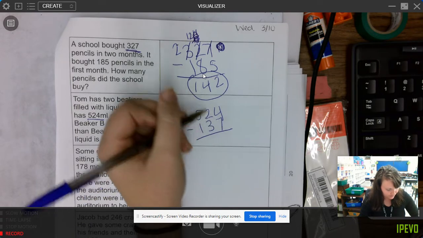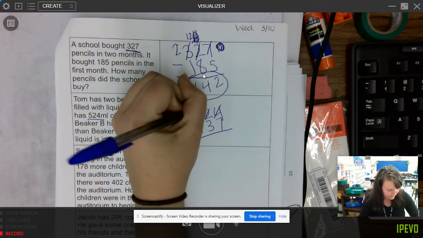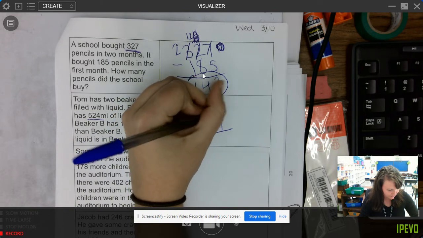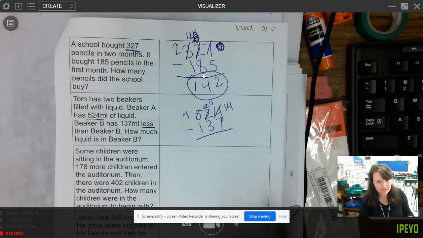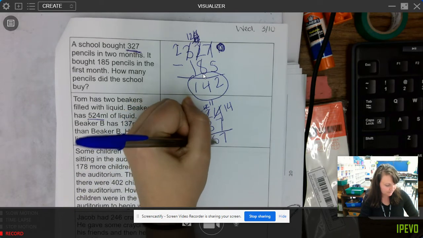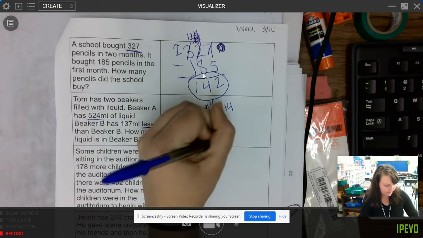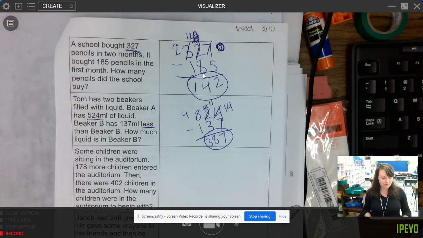Start here: 4. It says 12, so to make this 14, we have to do 11. We got to borrow again, like a double borrow, is what I call it for my kids. 14 minus 7 is 7, 11 minus 3 is 8, and 4 minus 1 is 3. 387.